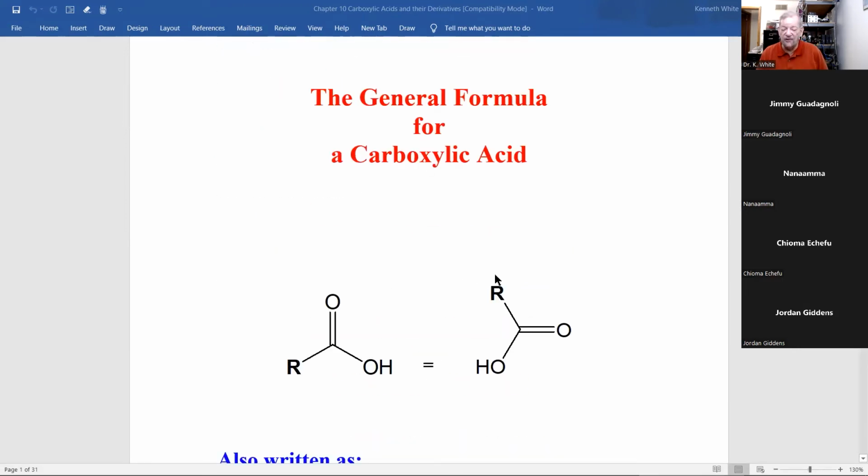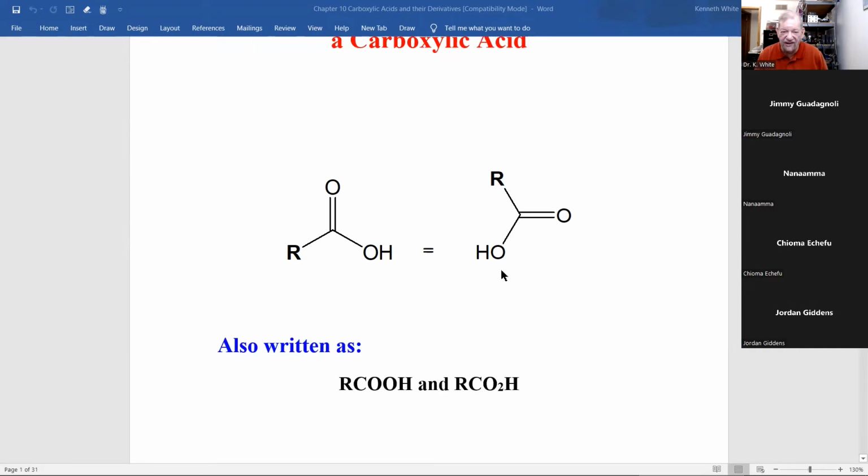Now, the general form for drawing a carboxylic acid, now my software doesn't like to put in the carbons here. You can do it that way, or more likely, if I'm handwriting it, it will look something like this. And these are carboxylic acids.